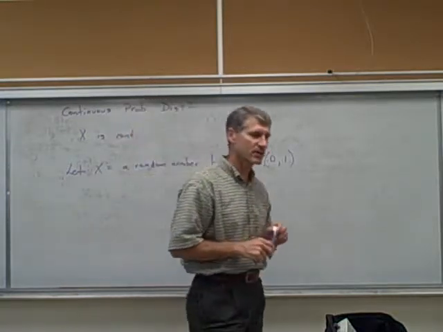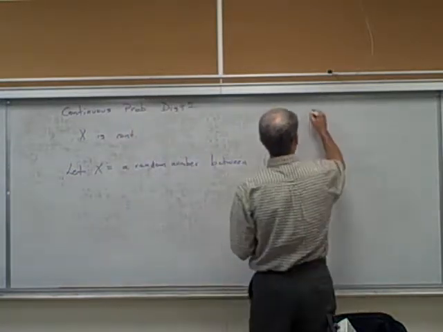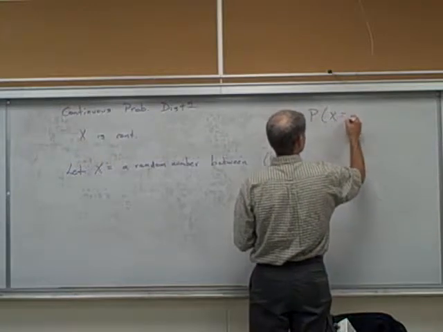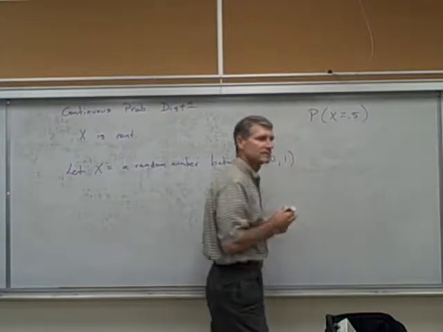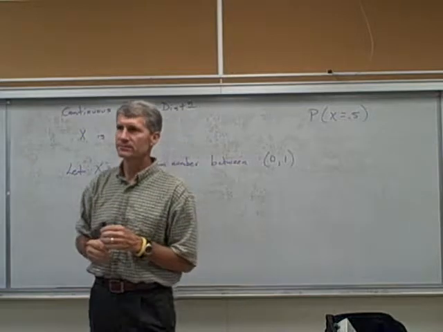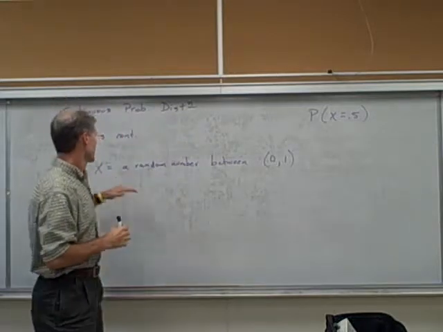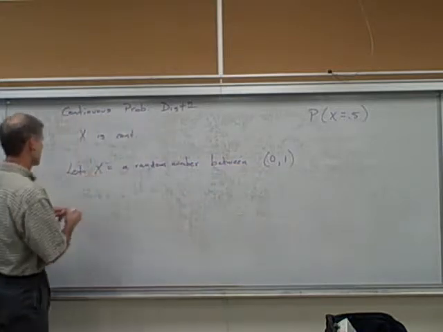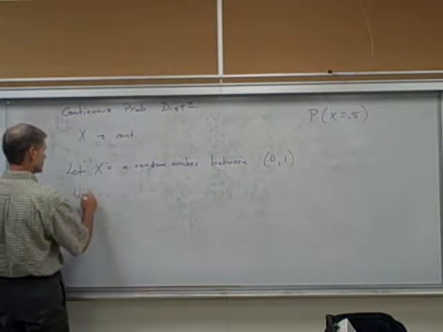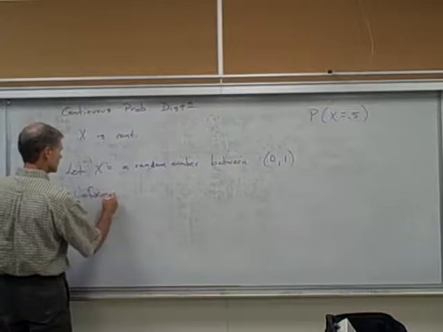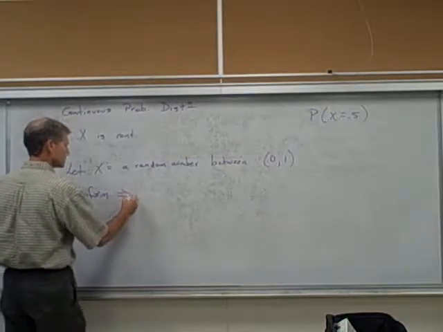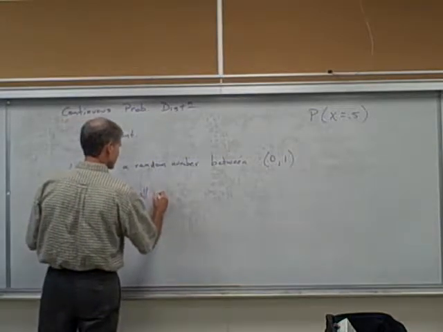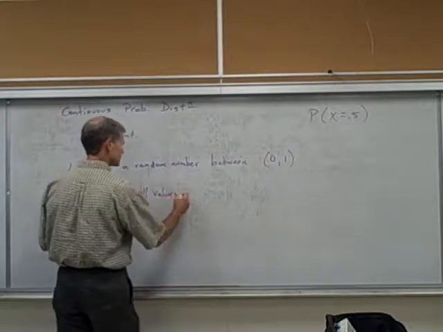So what's the probability that x is equal to 0.5? If my random variable can be any number in here, we're going to call it a uniform distribution. So all values are equally likely.